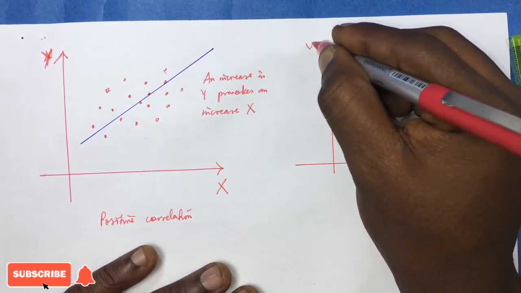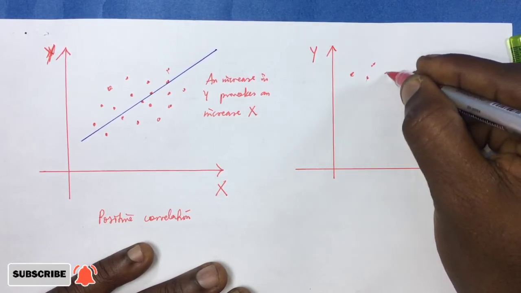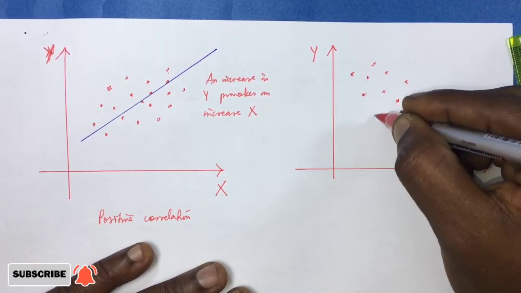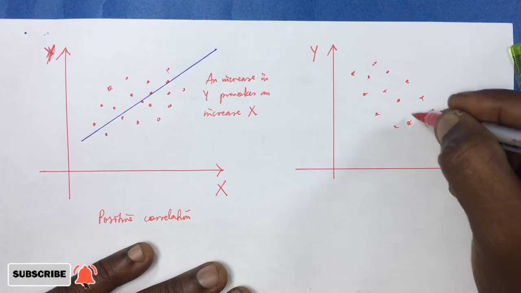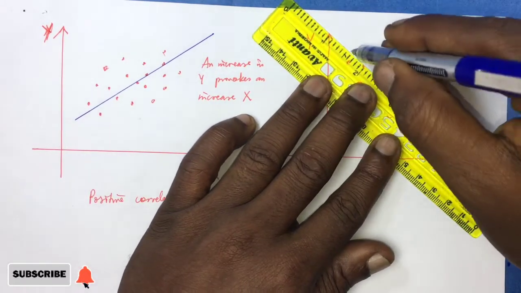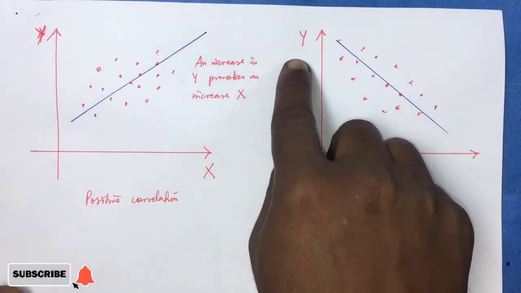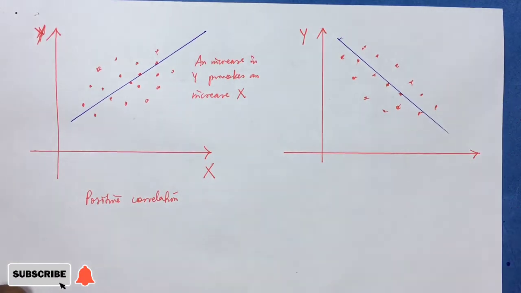It may also happen that we want to describe a case where an increase in y causes a corresponding decrease in x. In that case, your points plotted with the scatter diagram will be seen to go in this direction. You will notice that if you put a line, that line descends.